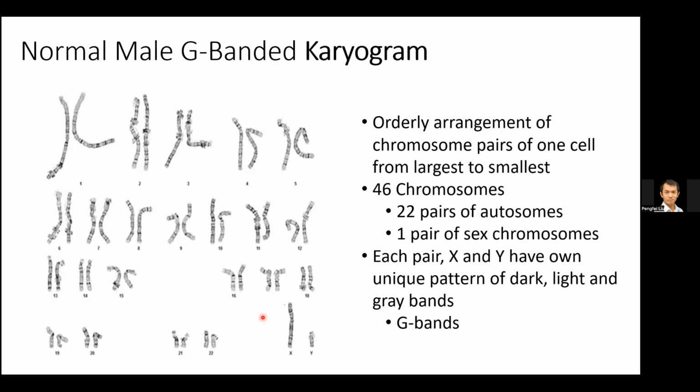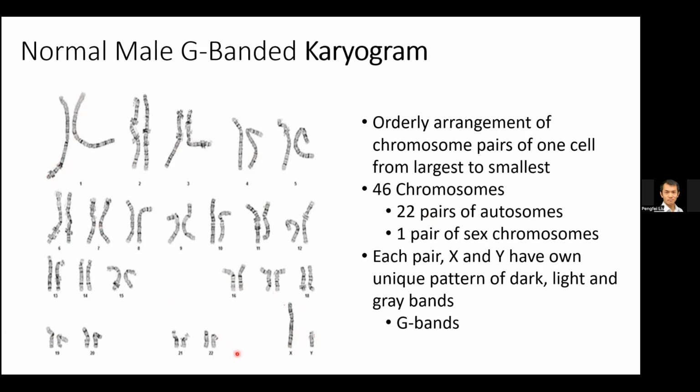And you can see that it's just an orderly arrangement of the chromosomes, the 1s, the 2s, the 3s, the 4s, 5s, and down to X and Y. If this were a female, of course, there would be 2 X's and no Y. But we're going to be talking a little bit about terminology today. So there are 22 pairs of autosomes, which includes chromosomes 1 through 22.